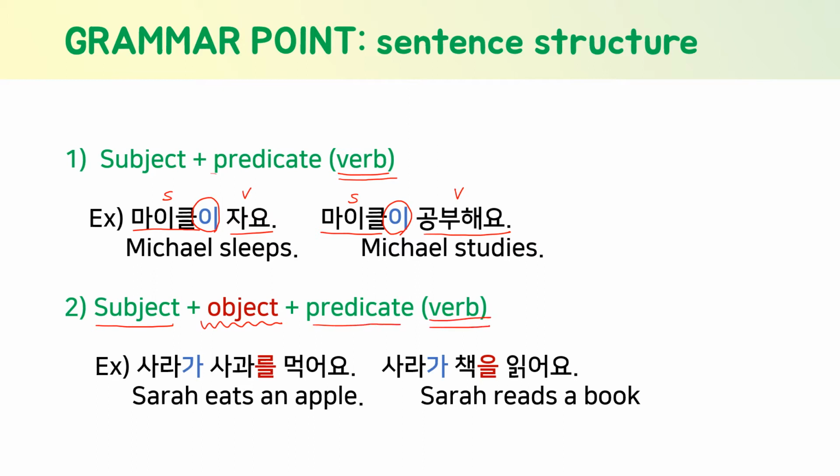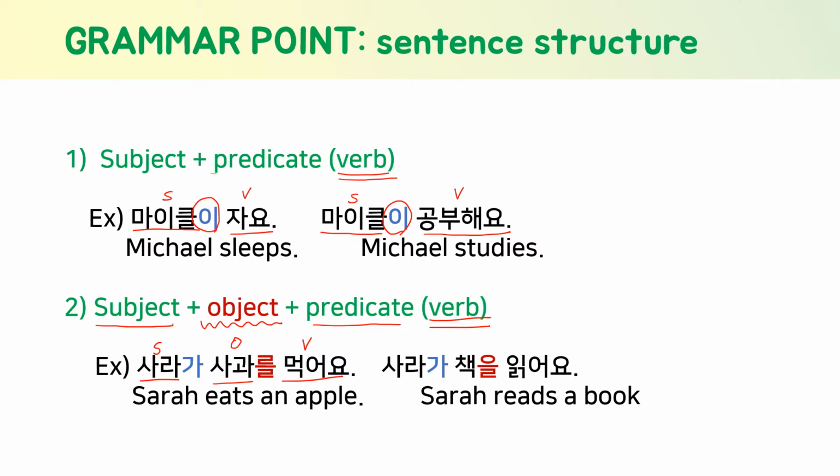For example, 사라가 사과를 먹어요. Sara eats an apple. Sara is the subject, and the predicate is the verb 먹어요, 먹다. Sara eats what? 사과, which means apple, that's the object.